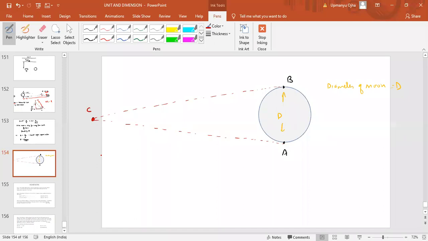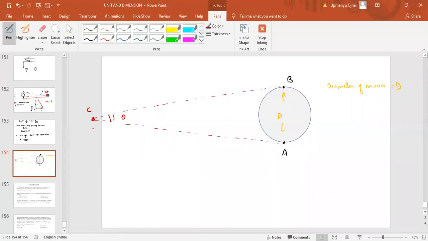We see one point on the moon, that is point A. Then we rotate the telescope to the diametrically opposite point and observe point B. The angle which we are rotating the telescope would be very, very small. Now let us suppose this angle is theta.